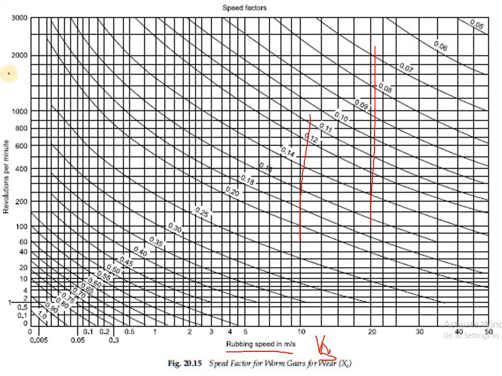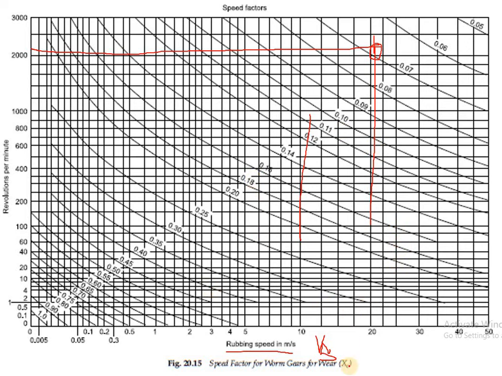Then if the speed is 2100, it will intersect in this region, so the value of XC will be 0.07. How to find this, I will elaborate more while solving numericals.